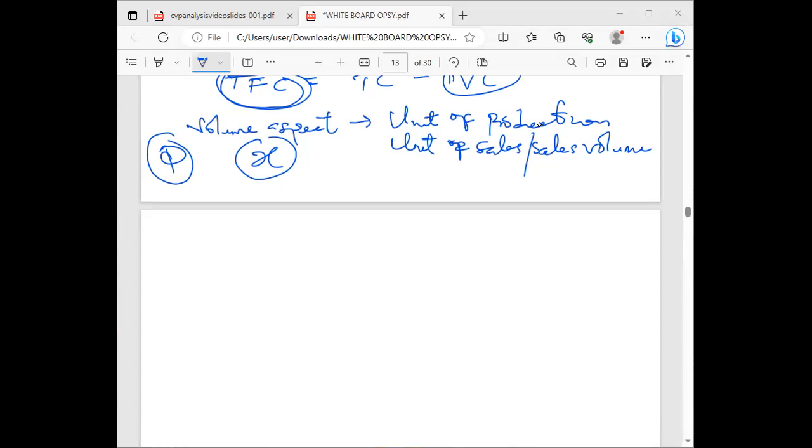So the third one, profit. We have talked about cost, we have talked about volume, now we are on profit. When we were in primary school, our examiner would say profit is equal to selling price minus cost price. Were they right? Yes, they were very correct.